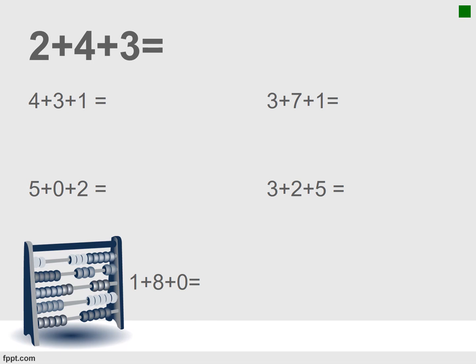Here you have the same numbers and we are going to add the 3 numbers by adding the last two numbers first. So last two numbers are 4 and 3. Right? So let's write this number 2 over here.